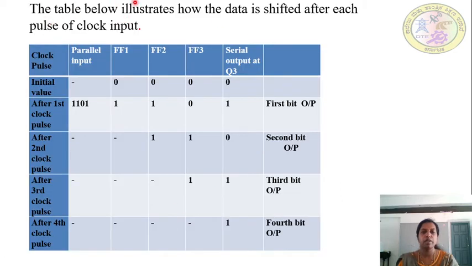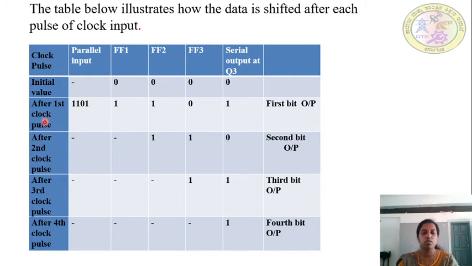Next we see the table below, which illustrates how the data is shifted after each pulse of the clock input. We take the initial value as 0, 0, 0 for all the flip-flops FF1, FF2 and FF3, with the serial output at Q3. So the initial value is 0, 0, 0, 0.